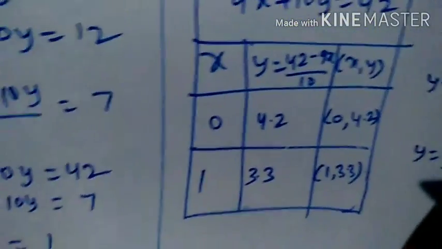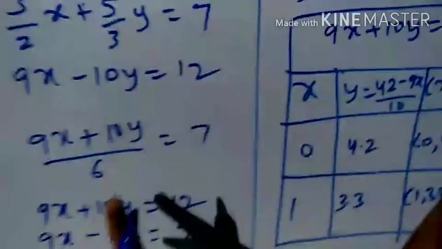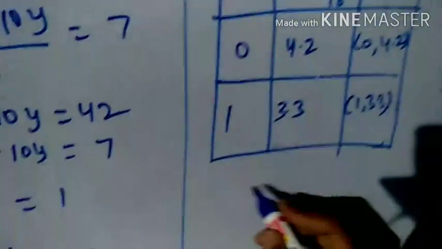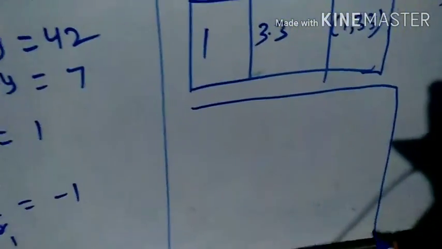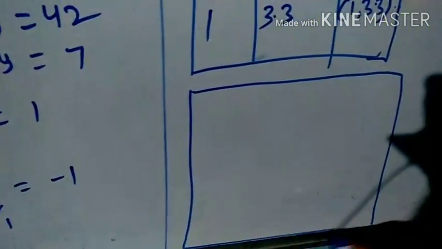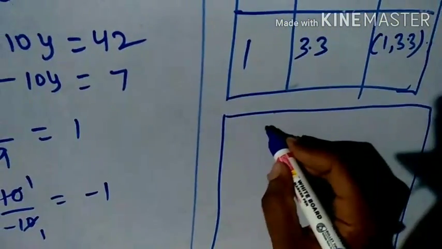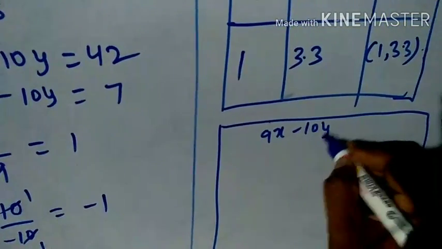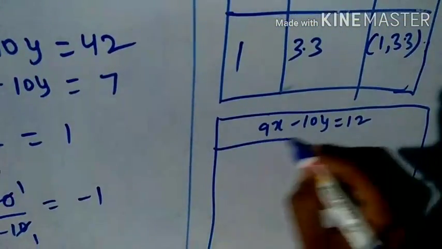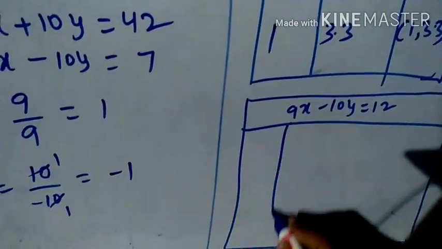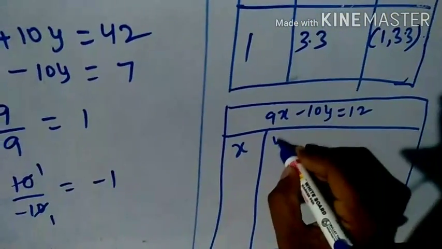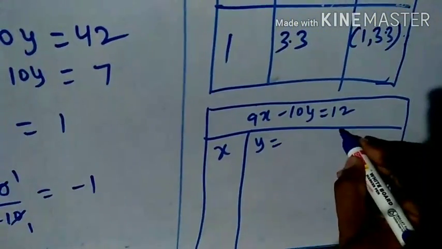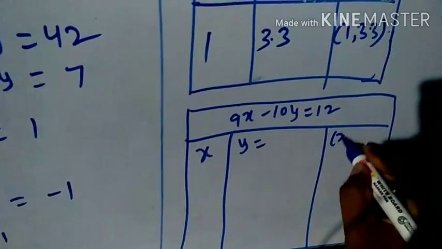Next, draw the table for the second equation, 9x minus 10y is equal to 12. For this, x, y is equal to x comma y.